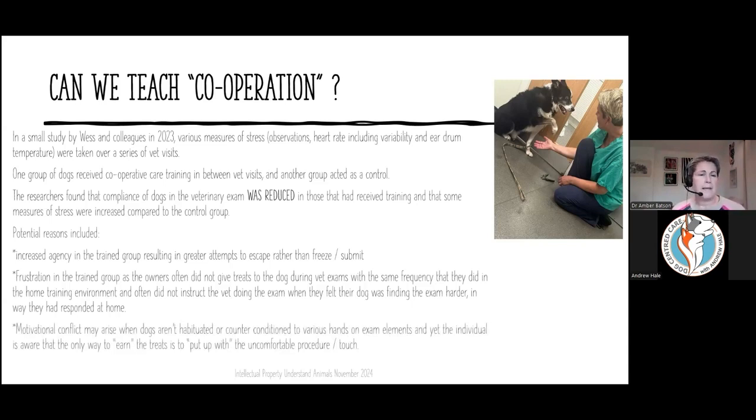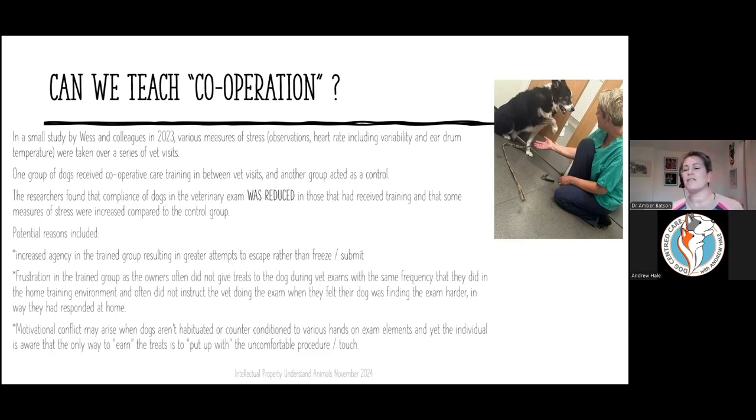Some dogs perhaps have motivational conflict. So they've done this cooperative care training at home. It should feel like it's positive. But if we've not practiced that in the vet context itself, which is what I was just showing you I was doing with that dog a moment ago, the black dog on the previous video, then when they're in that context, they might think, oh, hang on, we haven't done anything positive here.